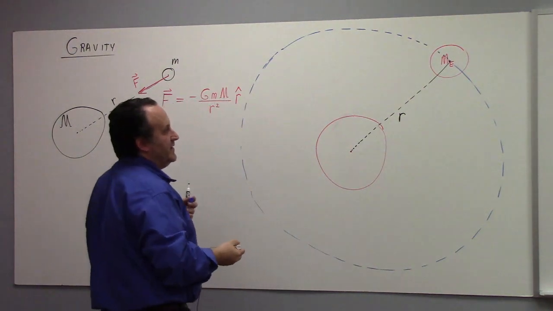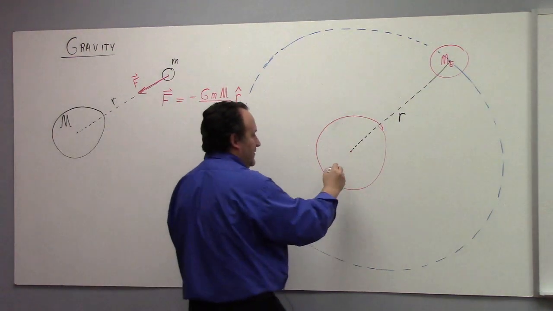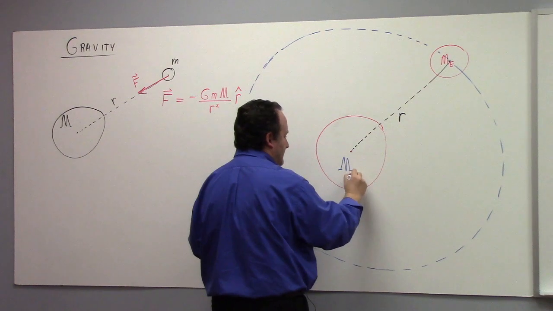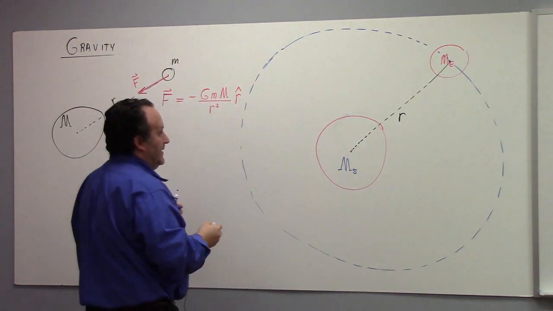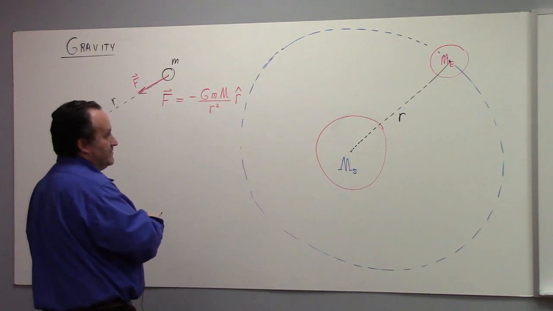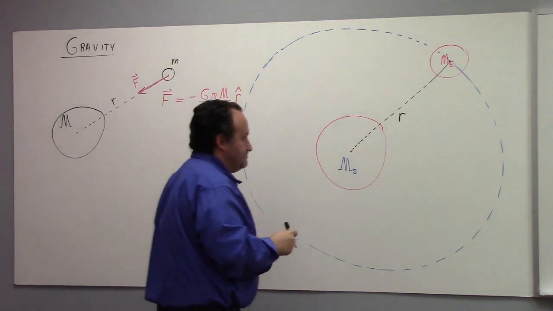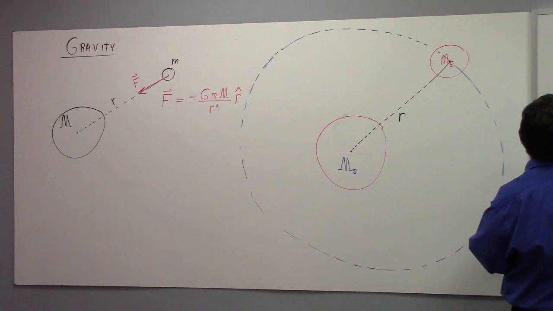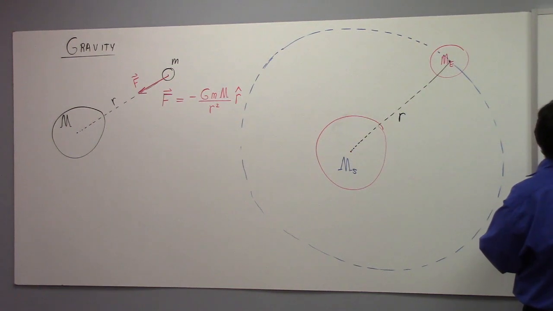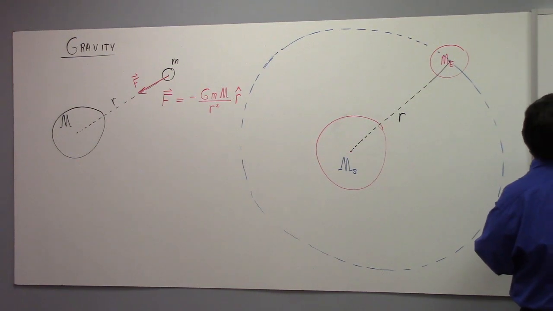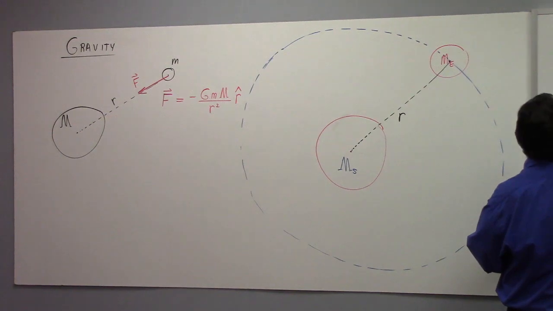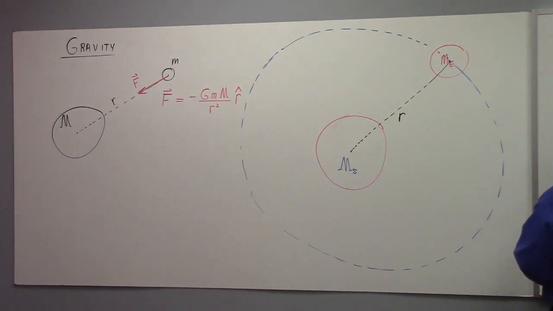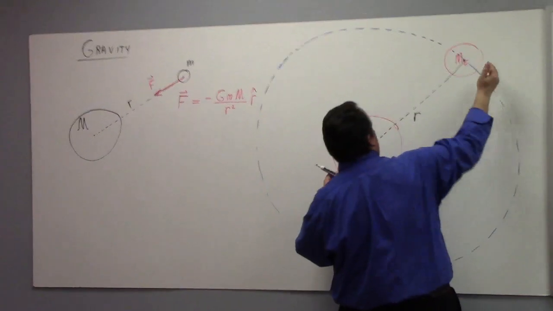So if the Earth is going in a circle around the sun, of course you've got the mass of the sun here, right? And what's the formula then? We've got mass of the Earth times the velocity squared divided by that distance r, whatever it is. So what's making it go in a circle?